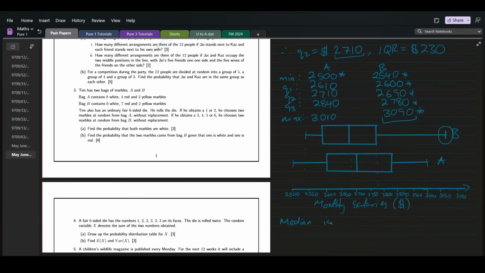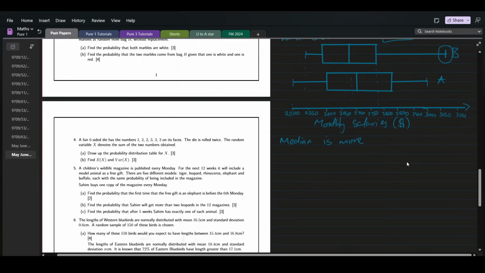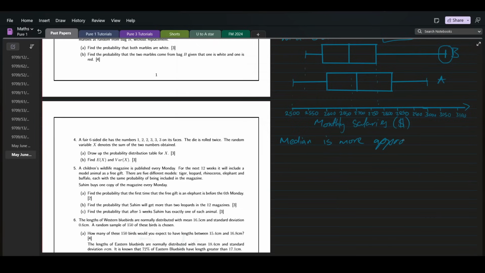So in this case, the median would be more appropriate, and you would conclude that median is more appropriate, as mean is unduly affected by extreme value, and we can point out what the extreme value is.